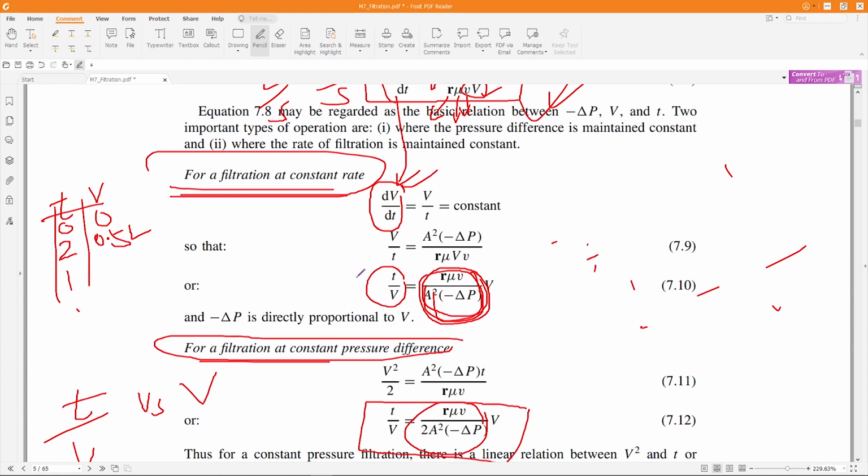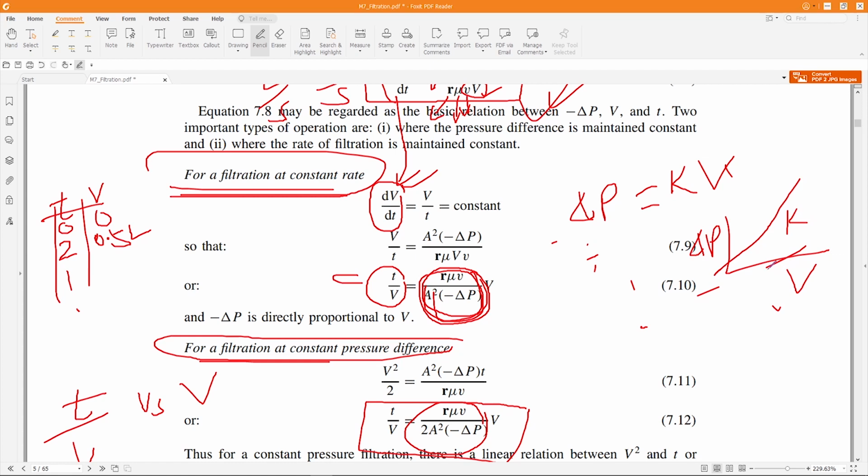So you can make it some C. If you rearrange, you'll get delta P on the left hand side and some constant times V, K V. Or you can again rearrange. So you can plot pressure difference versus V, and it will give you y equals mx again. On the x-axis you will have V, and here it will be delta P. So you'll get a straight line.